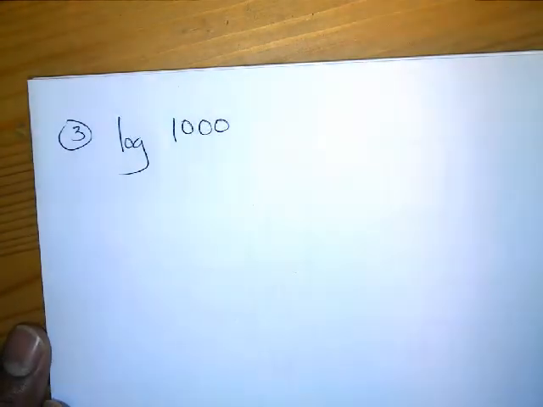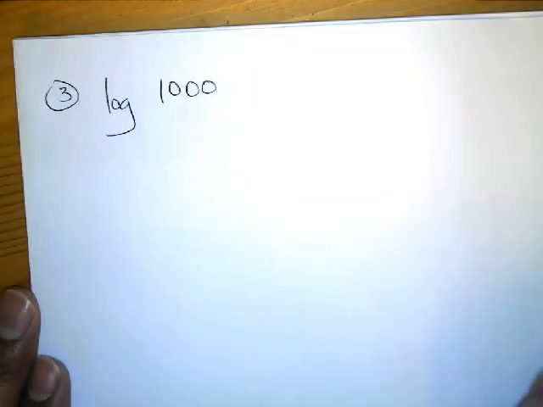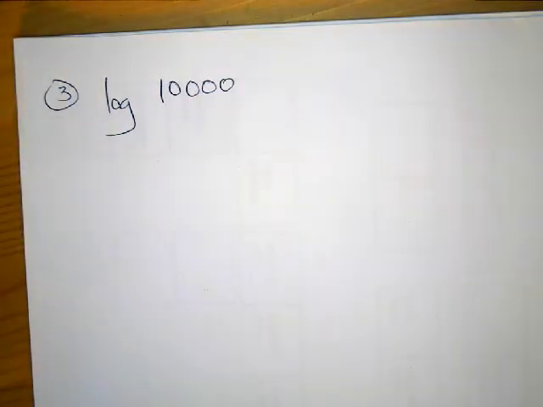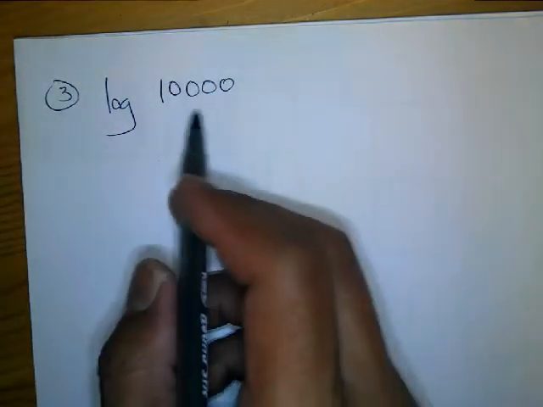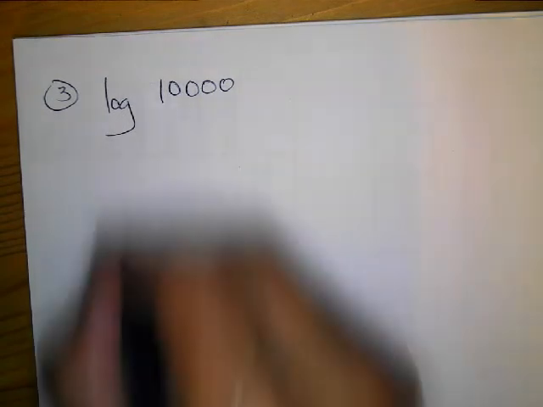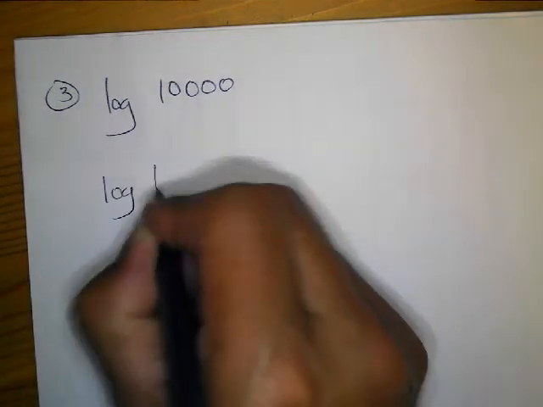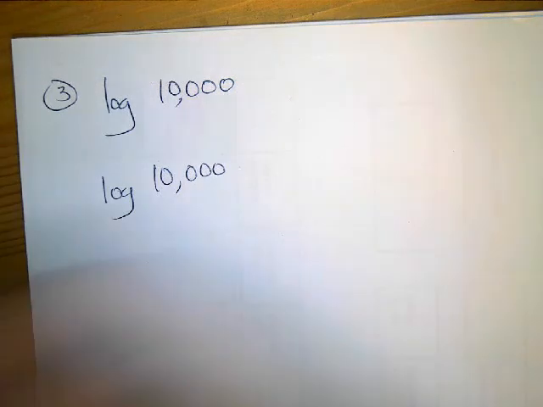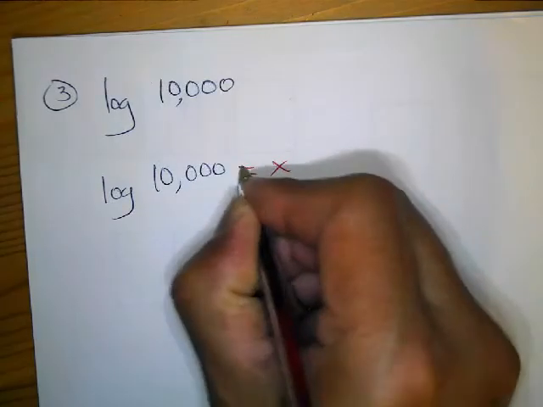Log of, let's go with 10,000. What do we do here? I mean, aren't there supposed to be 3 numbers or 2 numbers or something? Well, yeah. Well, remember, it says 10,000, right?